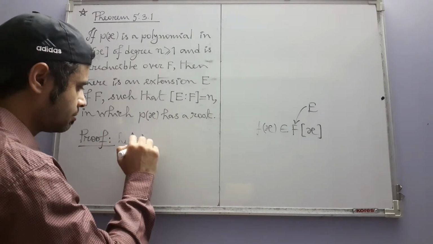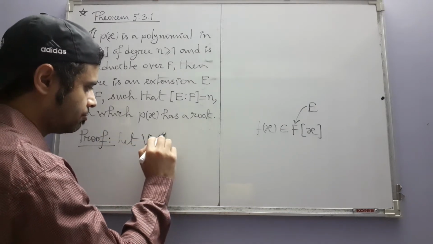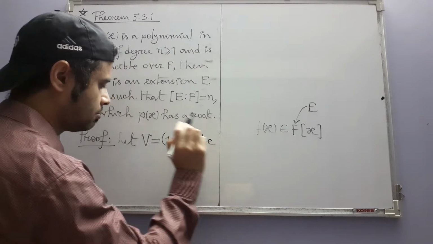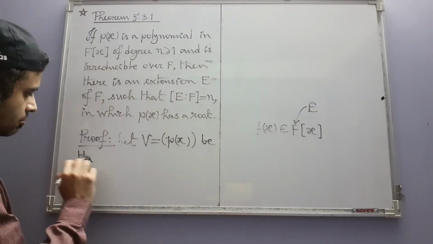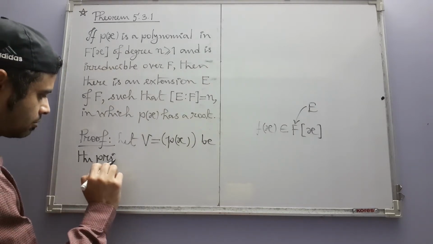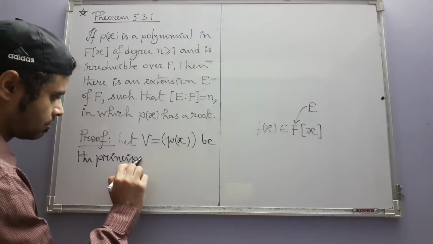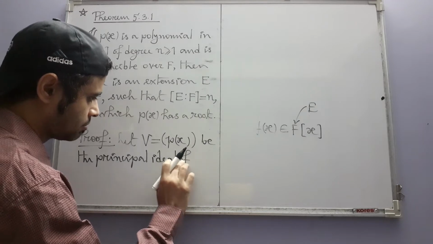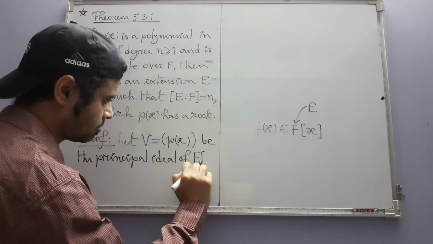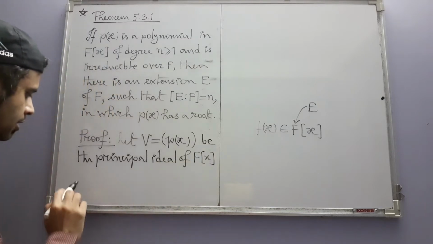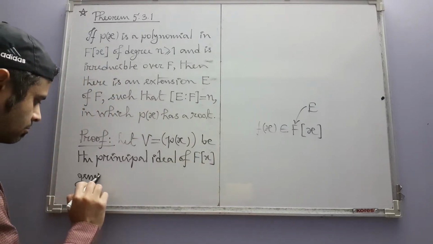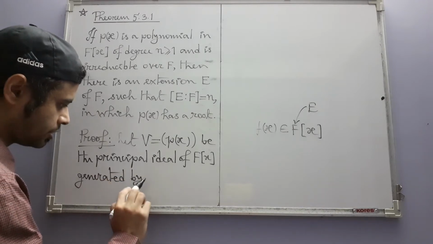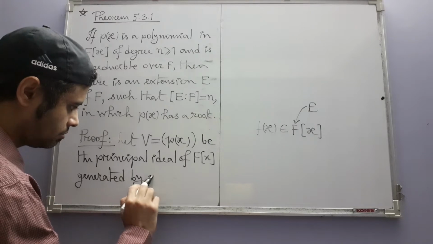So let V equal this be the principal ideal of the polynomial ring generated by p(x).